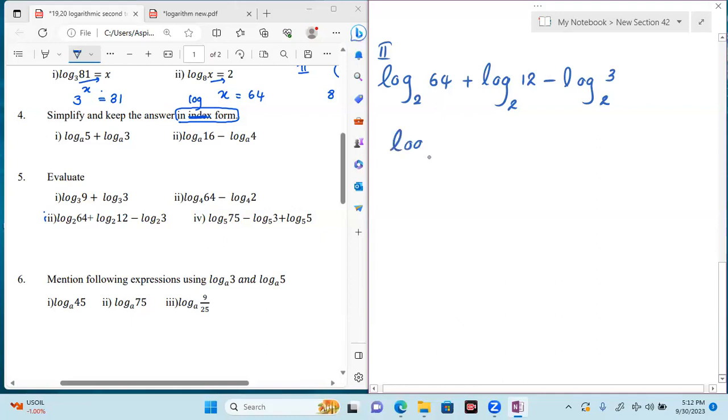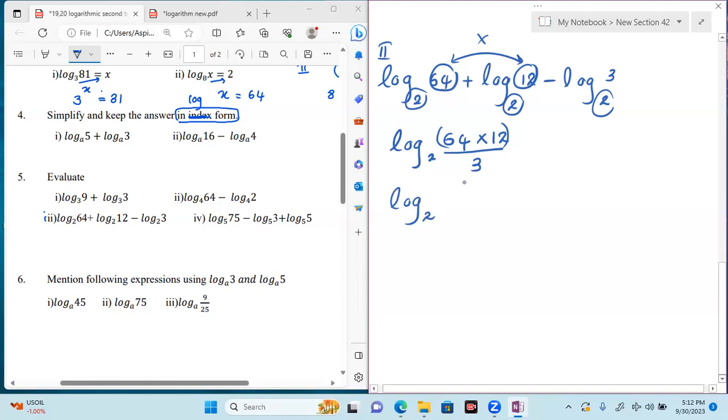So now the bases are equal. 64, here addition, so you can write multiplication in between 64 and 12. And for this whole expression, you can divide, because here it is a subtraction. That means you are asked to divide this.